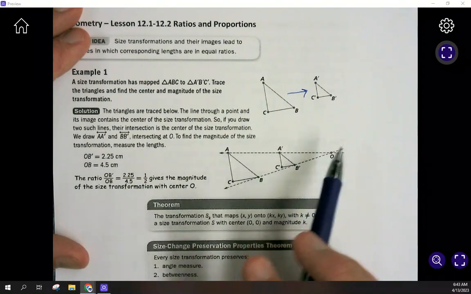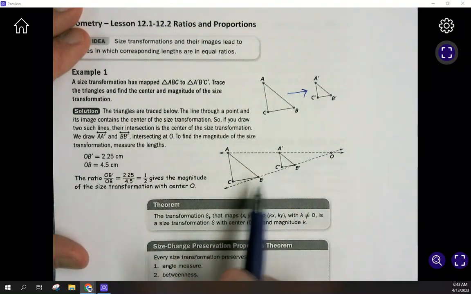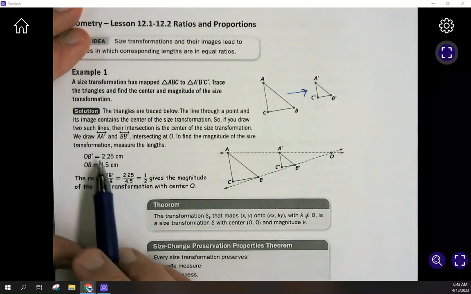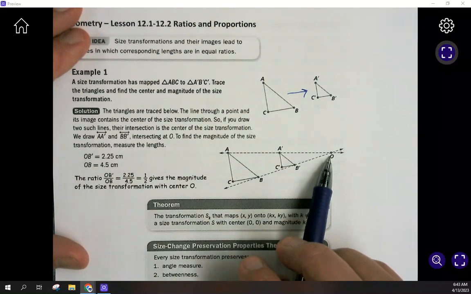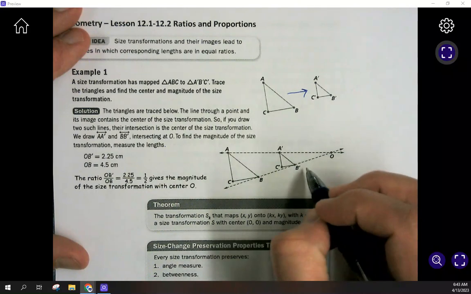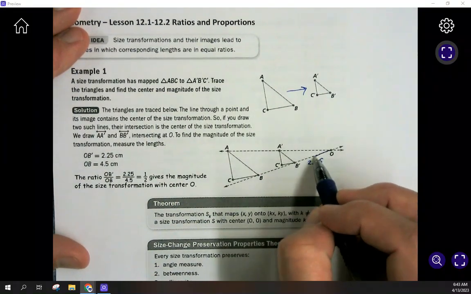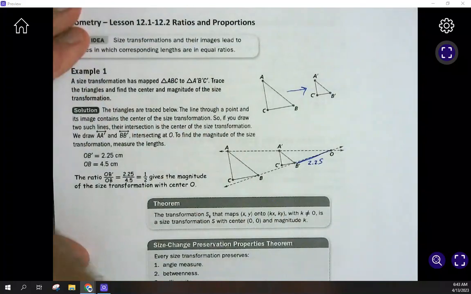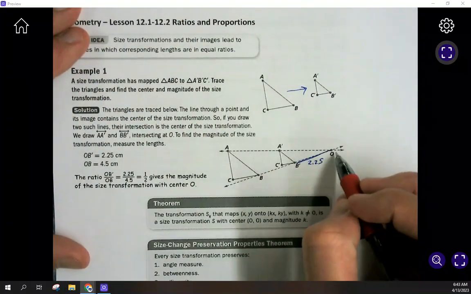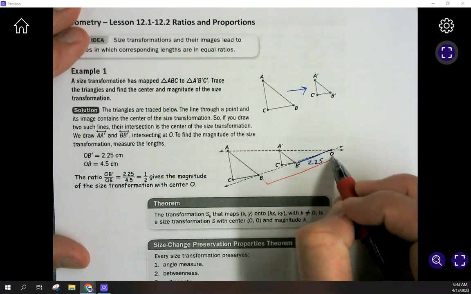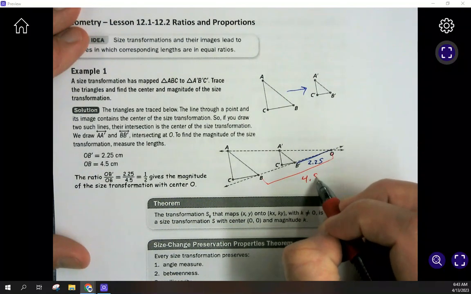If you were doing this, they wanted you to actually draw it and measure it with a ruler, but I'm just going to give you these measurements. From O to B prime is 2.25, that measurement right there. And then from O to the original B, right here, is 4.5.